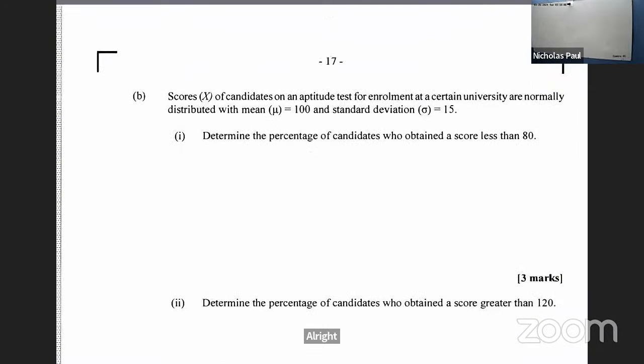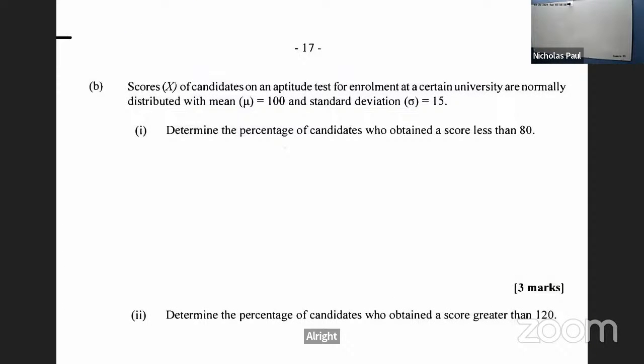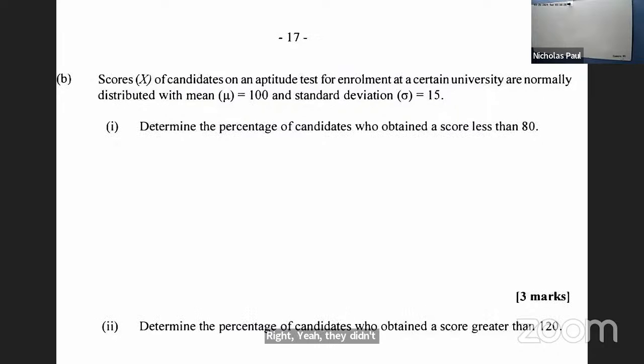Alright. Do you have any more on this? Right, let's just talk about it a little bit because we have to remember how to do the normal. Same paper, part B. The score X of the candidates on an aptitude test for enrollment at a certain university, normal distribution with mean 100, standard deviation 50.